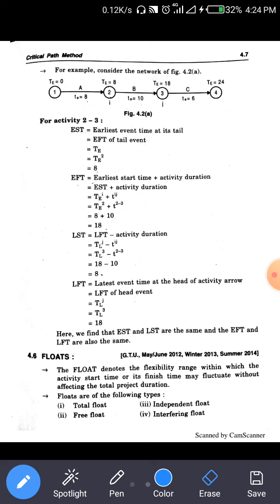Now what is EST? We find it out for activity 2-3. This is the 2-3 activity, meaning for activity B the earliest starting time is 8.